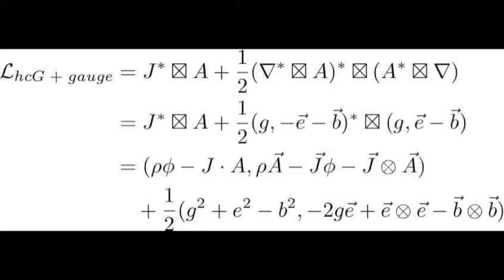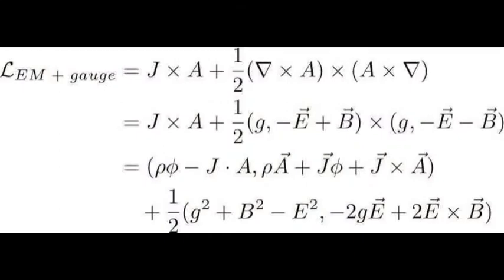and you go, whoa, that's a pretty complicated looking phase. Here is what happens in EM when I don't wipe out the gauge. I've got the two orderings of A and del, and I get these G terms, and again I get this incredibly complicated phase.